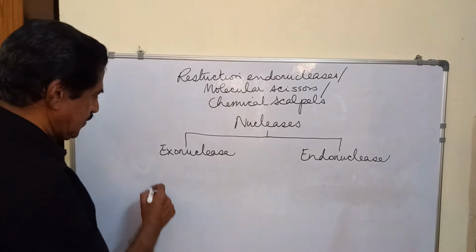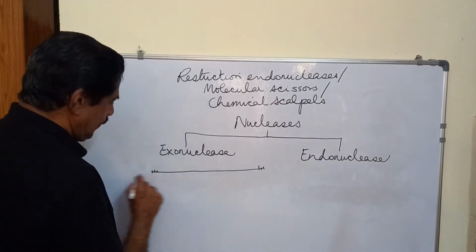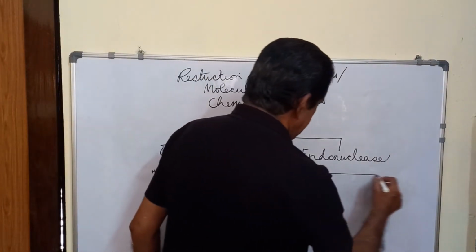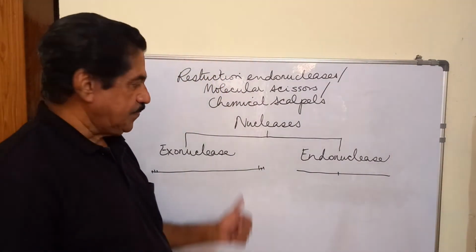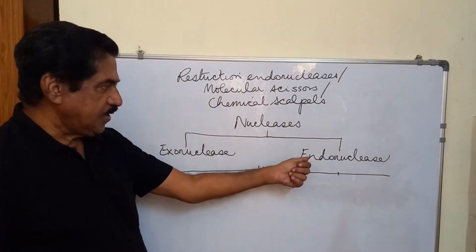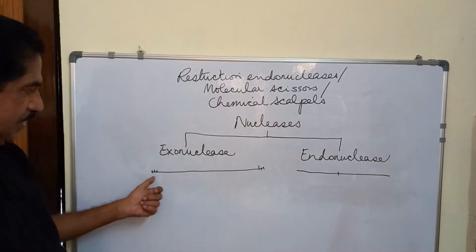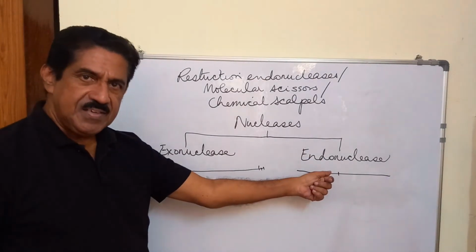For example, if this is the DNA, it cuts at the ends. But endonuclease cuts the DNA inside the DNA. Exo means outside, endo means inside.